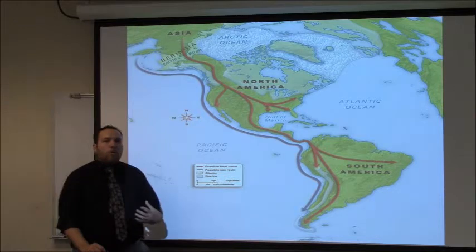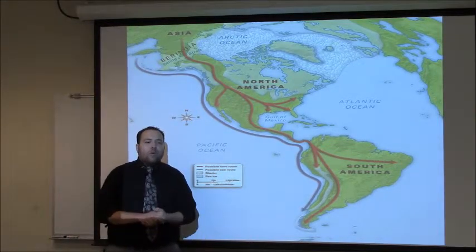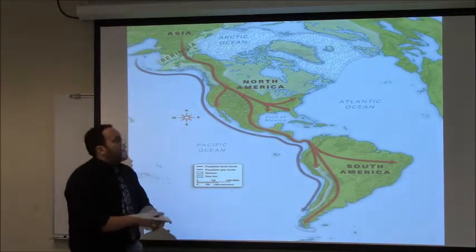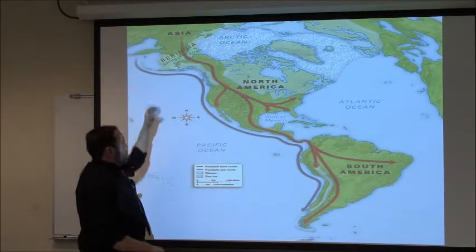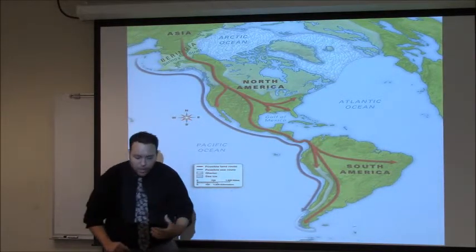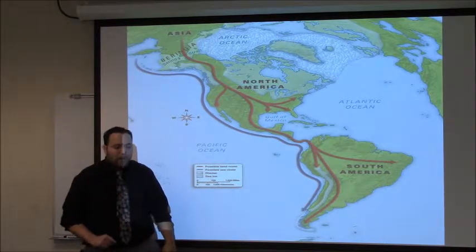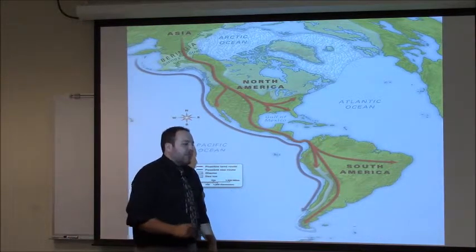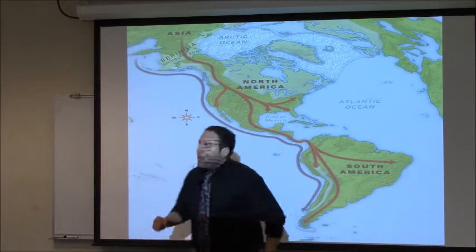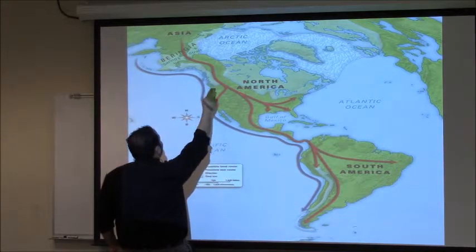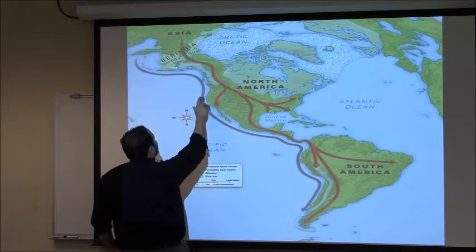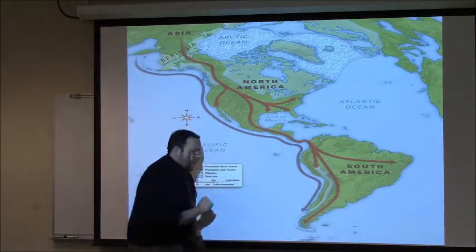I talked before about the global cooling that went on. In all likelihood, that global cooling led to this sea being frozen over, creating a land bridge between the two continents. And by about 15 to 16,000 years ago, early human beings start to make their way into North America via Alaska and modern-day Canada.